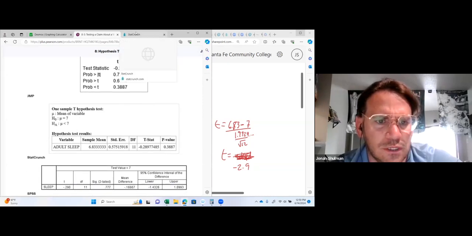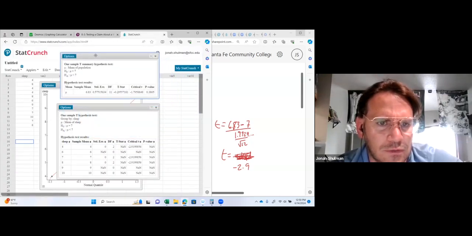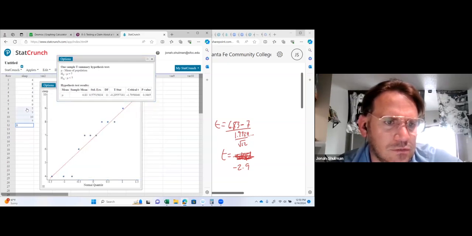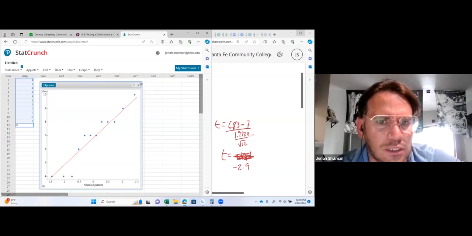So one sample T hypothesis test. And it just says mean of sleep. Let's actually just highlight this and try it again.